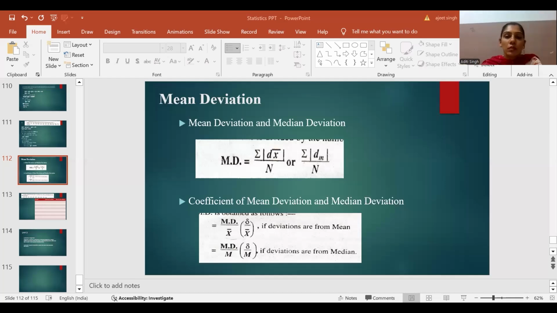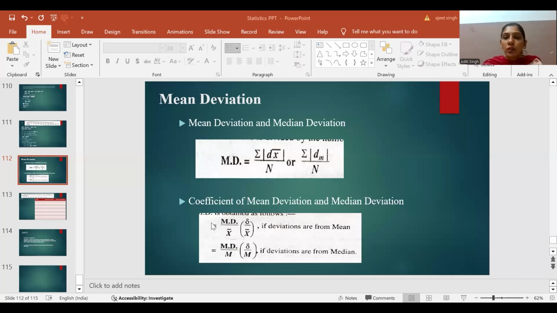You can see on your screen the formula of mean deviation and median deviation, and also the coefficient of mean deviation and median deviation. Mean deviation is an absolute measure of dispersion, and the coefficient of mean deviation is a relative measure of dispersion.